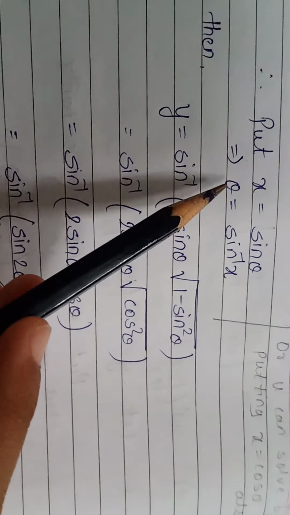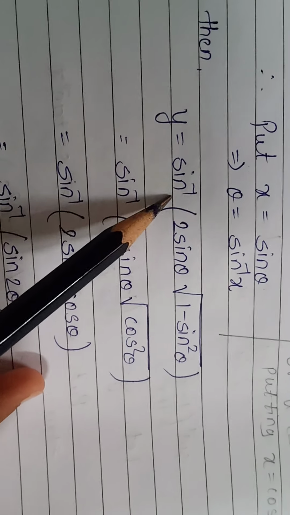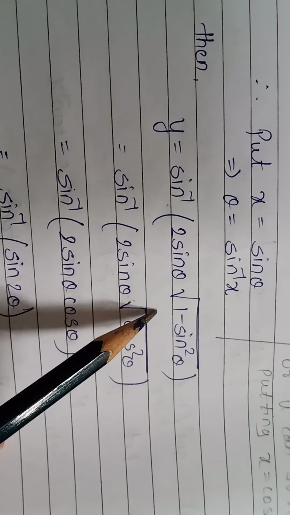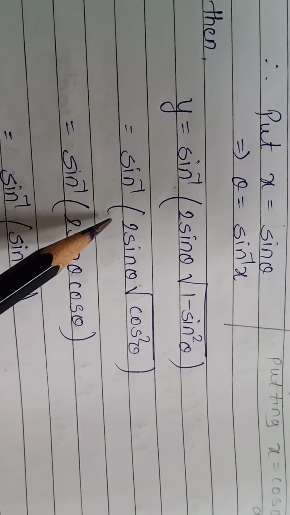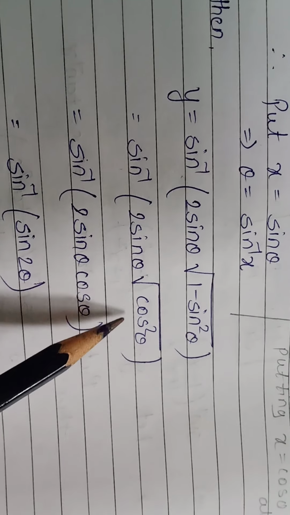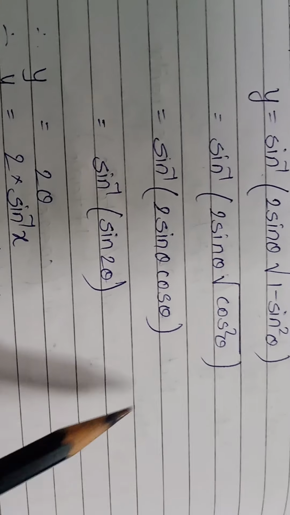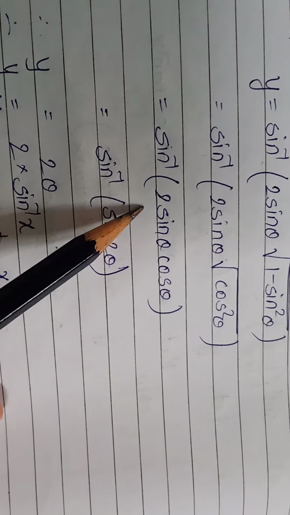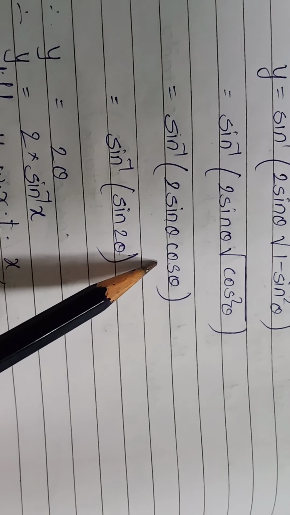So we'll proceed by taking x equals sine theta now. Then y will be sine inverse of 2 sine theta into square root of (1 minus sine square theta). So it is again sine inverse of 2 sine theta, and this is square root of cos square theta by identity. Now again this is sine inverse of 2 sine theta, and the square root and square will get cancelled, only cos theta will remain.